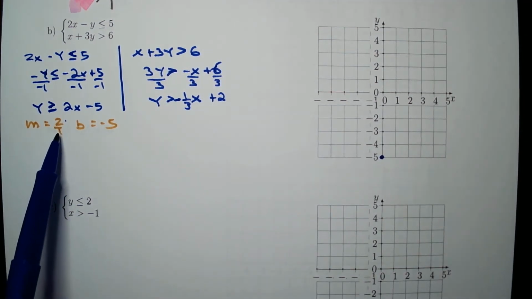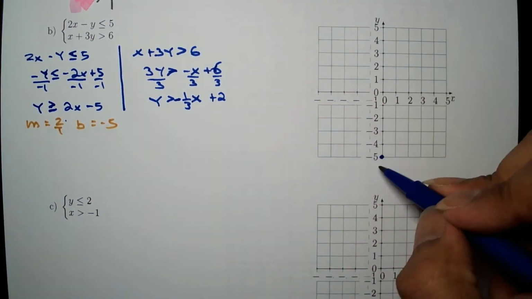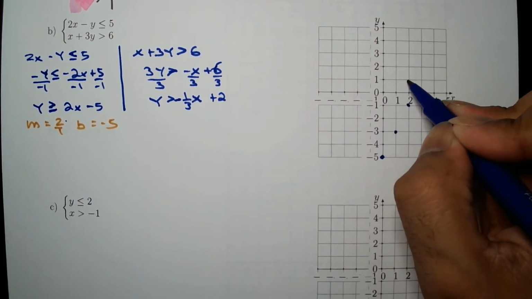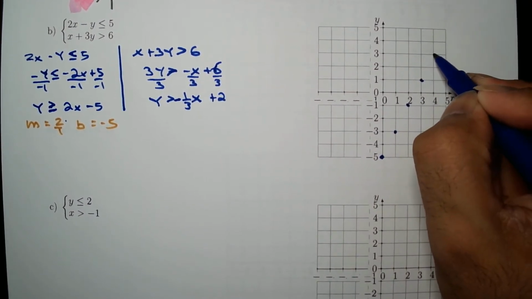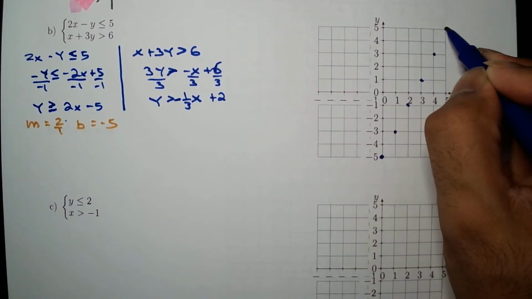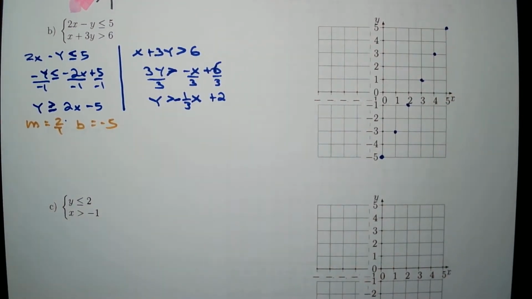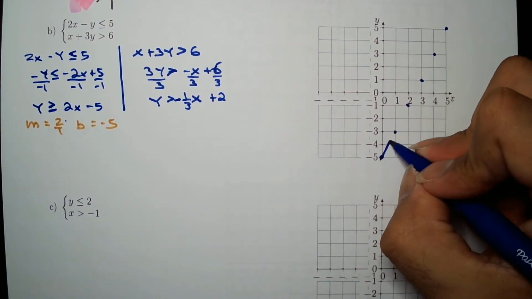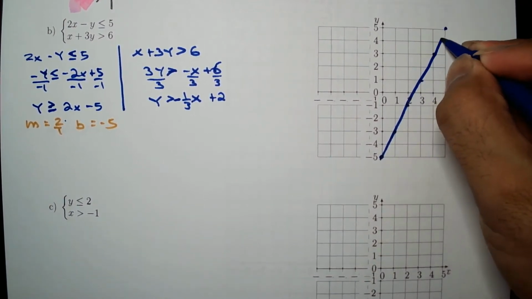Rise 2, run 1, and repeat. In this case, is it going to be solid or dashed? If you say it's solid, you are right, and the reason is because we have the equal. So let's draw a solid line.